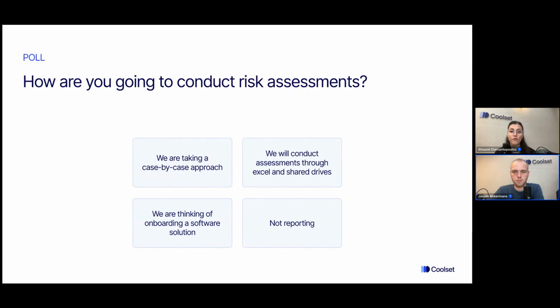So yeah, from the people that are reporting, we see that 29% actually are thinking of onboarding a solution, which I think made sense. And then at the same time, we also have people that are still thinking of conducting assessments through Excel and drives. I feel like both can work for sure. And we see that now it's a tie between these two options.